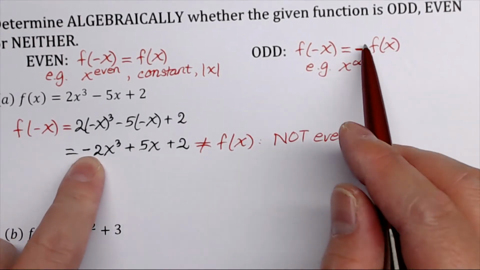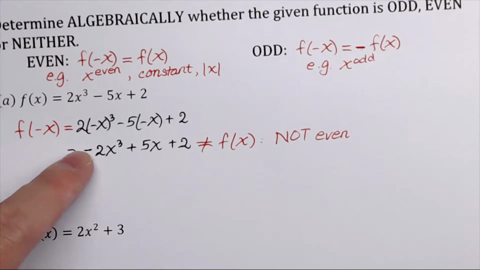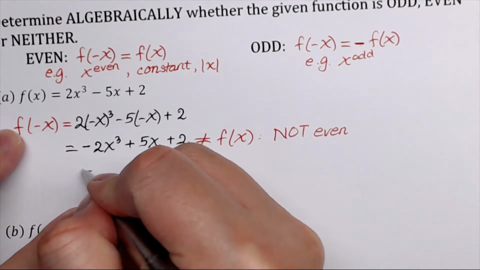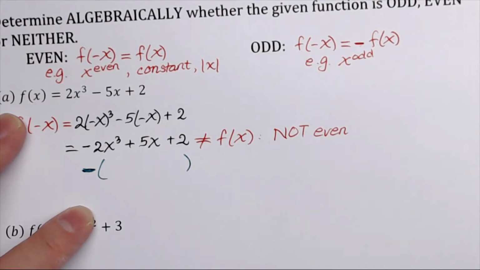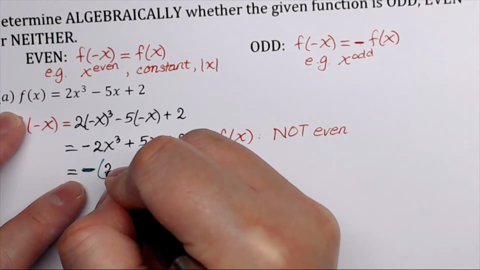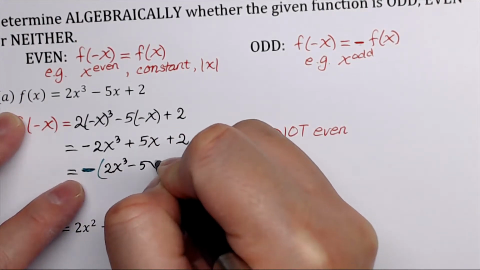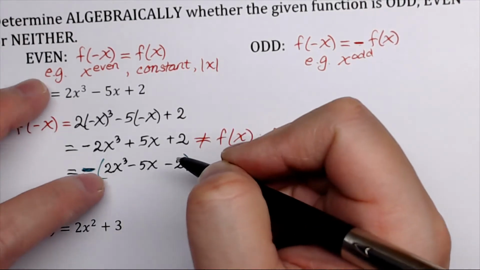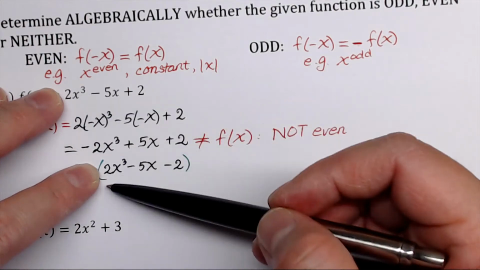For odd we need the negative, so we will manufacture it by factoring out a negative sign. So we have to have a negative sign there. And so that will be 2x cubed inside, minus 5x minus 2. Now we compare the inside with the original function. 2x cubed, that's good.